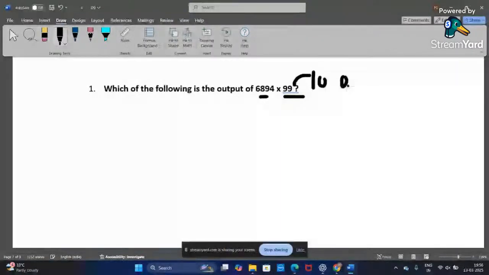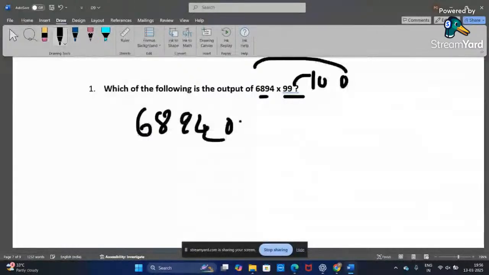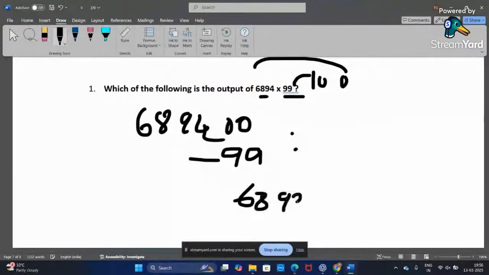When we multiply with 100, we'll get 6894000. Then here it is only 99, so just subtract 99. So the answer will be, we can directly tell that when you're subtracting 99 from 400, we'll get 301. So the answer will be 689301. It is very easy, right?